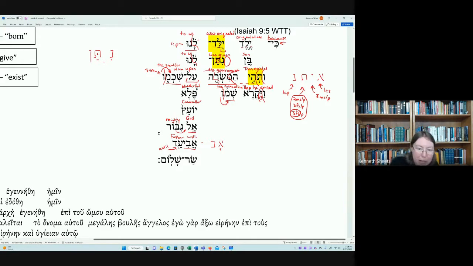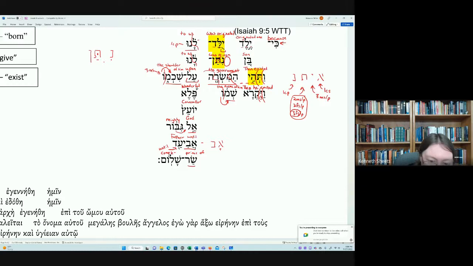And then we come as well here to Sar Shalom. Well, Sar, this is going to be the idea of prince. It is in the construct here. So prince of, and then you have Shalom, completeness. You will hear Shalom translated as though it were peace, but the word shalom is in fact taking in more than just peace, which we would have a tendency to say, well, absence of conflict.